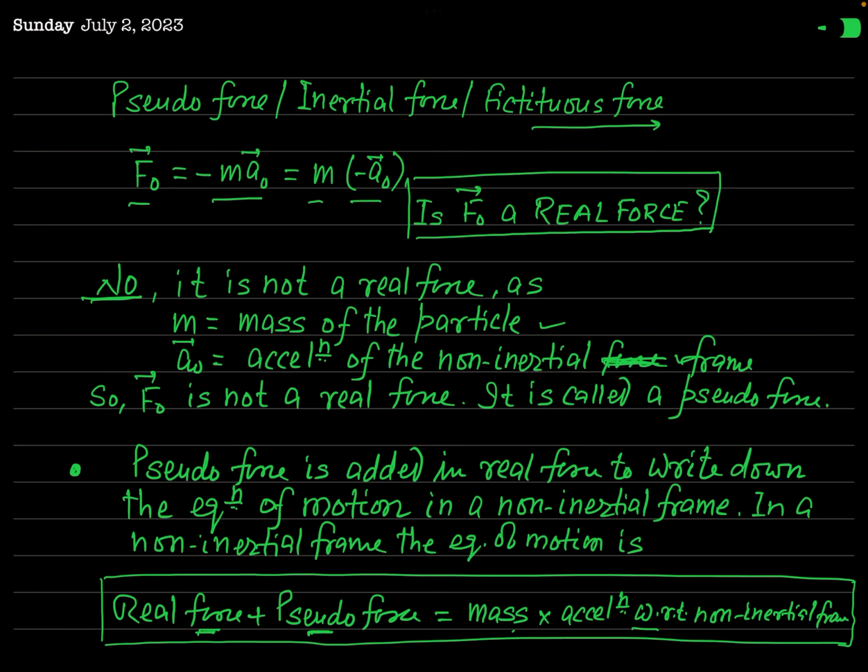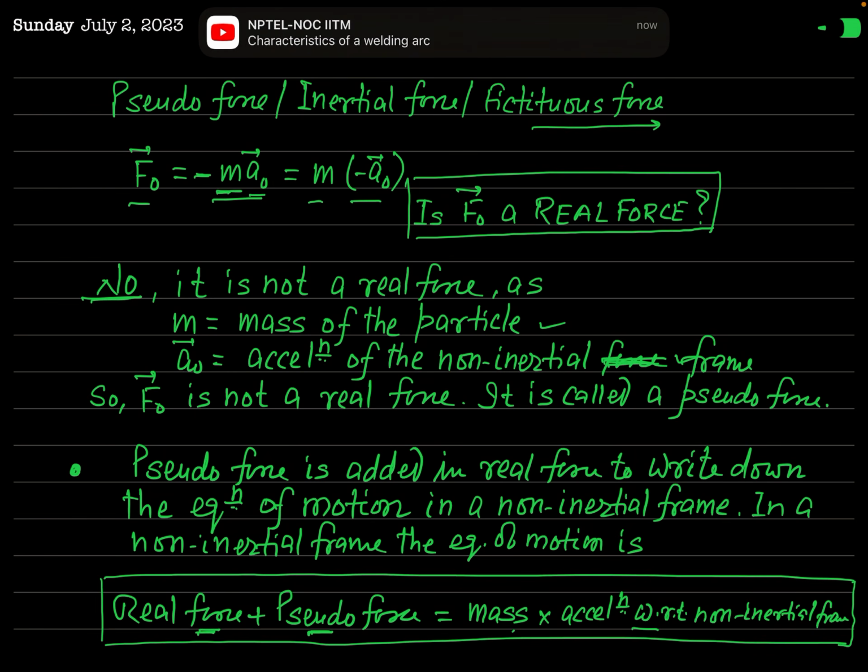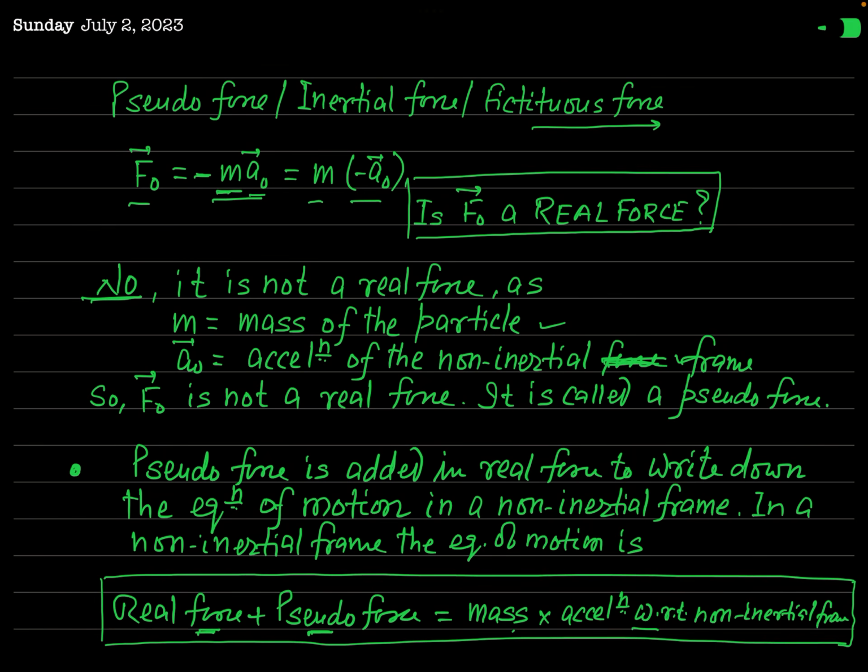So whenever you have to write down the equation of motion in a non-inertial frame, you have to first of all think about the pseudo force. And how will that pseudo force be obtained? We take the mass of the particle and the acceleration of the non-inertial frame, and then you have to put this minus sign. It means the pseudo force must act on the particle in the opposite direction of the acceleration of the frame.